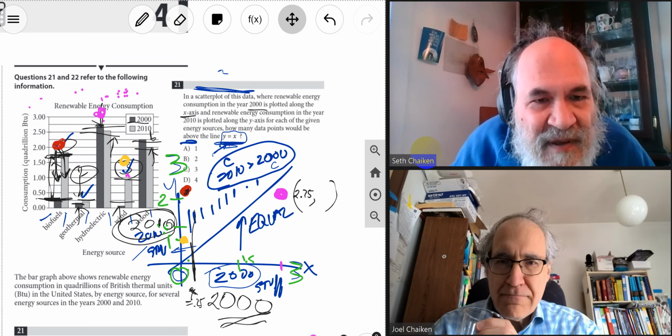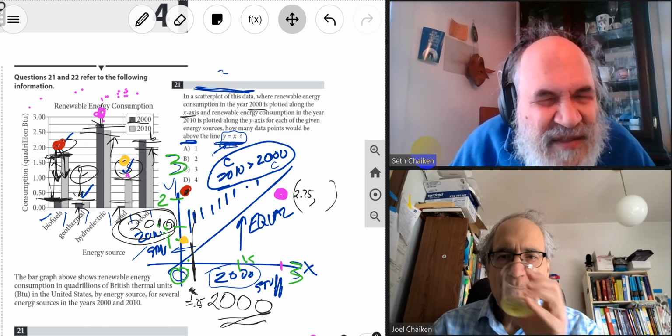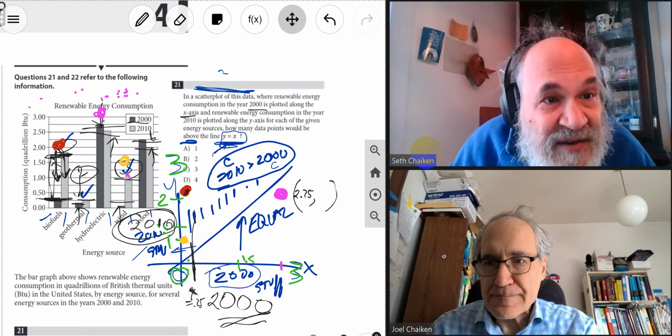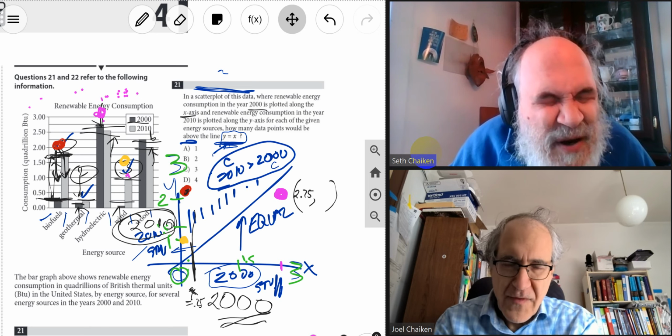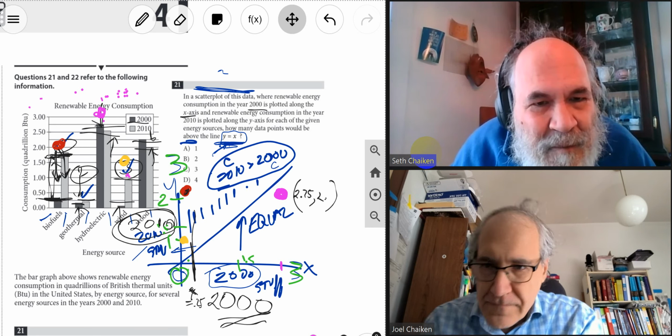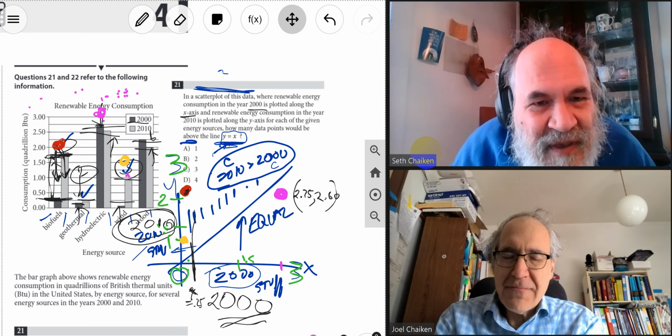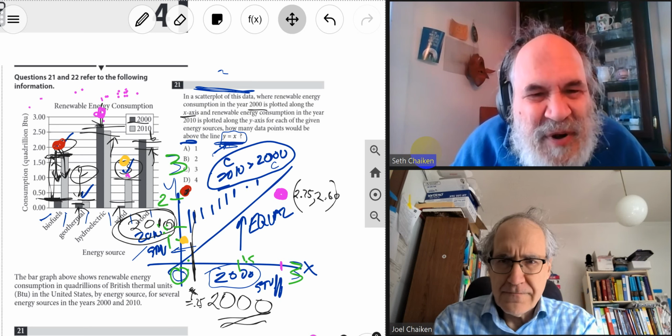And the y value is the height of the gray bar for 2010, which is a bit over 2.5, about 2.6. So these are the coordinates of the purple point.